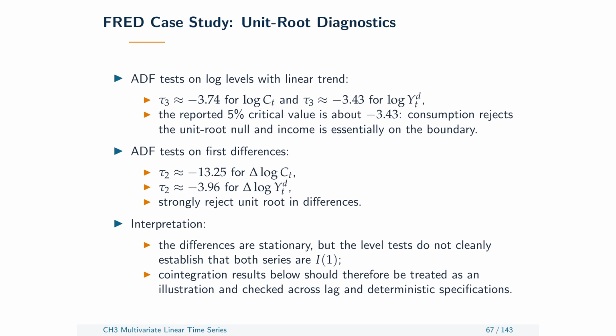With linear trends, the reported ADF statistics are -3.74 for log consumption and -3.43 for log disposable income, both close to the 5% critical boundary. First differences reject strongly. The chapter therefore treats the series empirically as I(1), while stressing sensitivity to lags, deterministic terms, and sample periods.